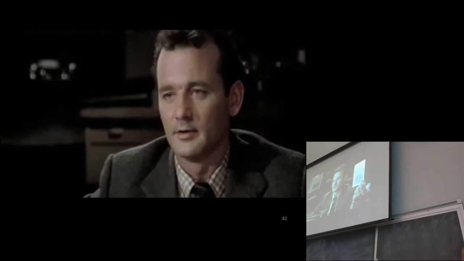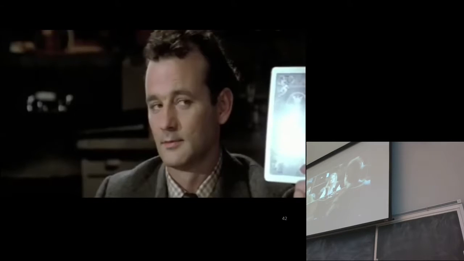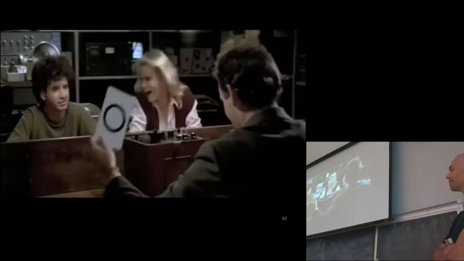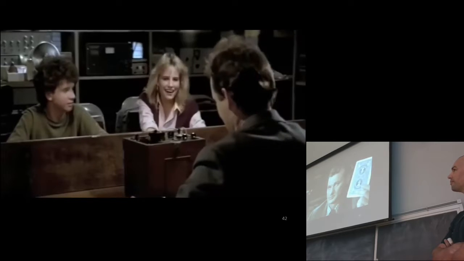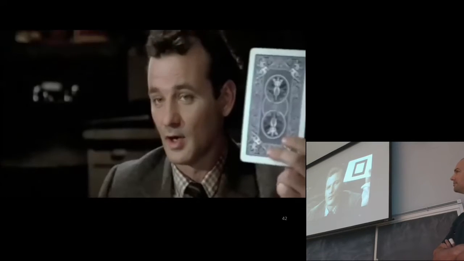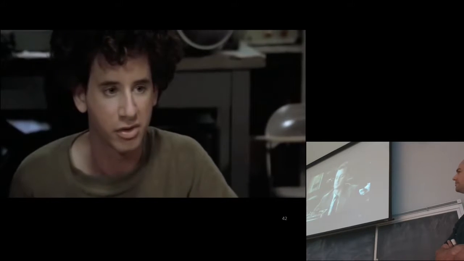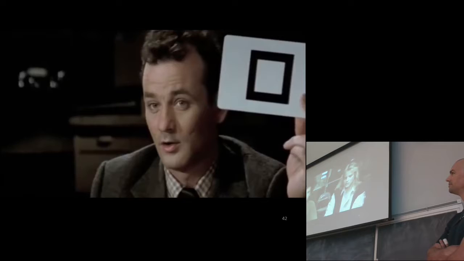Clear your head. Tell me what you think it is. Is it a star? It is a star. Very good. Great. He's also not an ethical researcher. Think hard. What is it? Circle. Close.